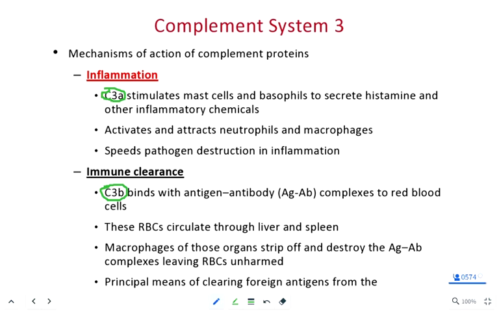And within the liver and spleen, we have fixed macrophages that detect those antigen-antibody complexes on the erythrocytes, and then that allows for activation of our adaptive or specific immune system.